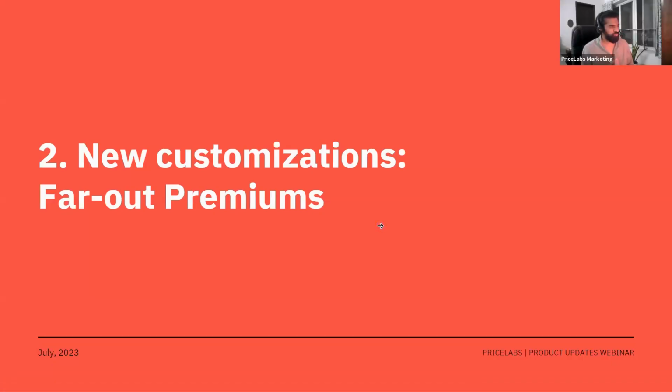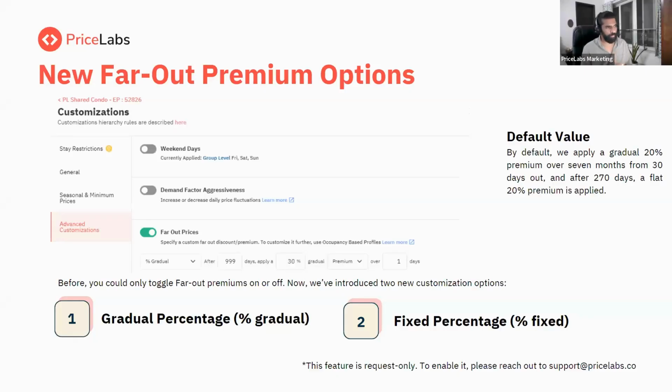Now, what we've also done is added the ability to control your far out premiums. PriceLabs typically by default adds a 20% premium over the next 7 months outside of 30 days. And then from there, it adds a 20% premium flat.